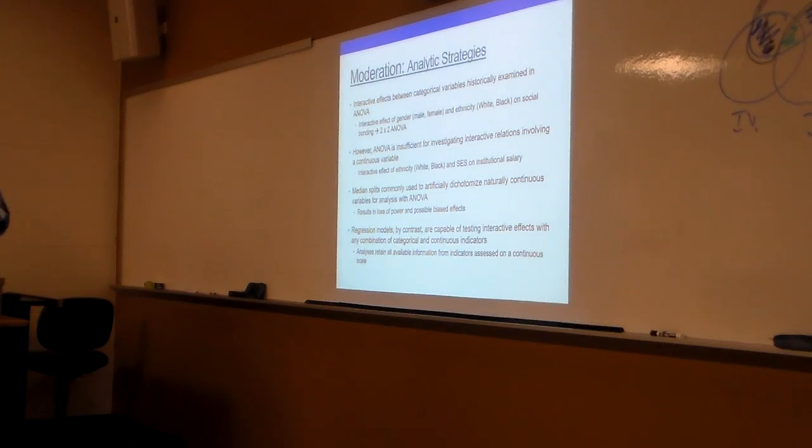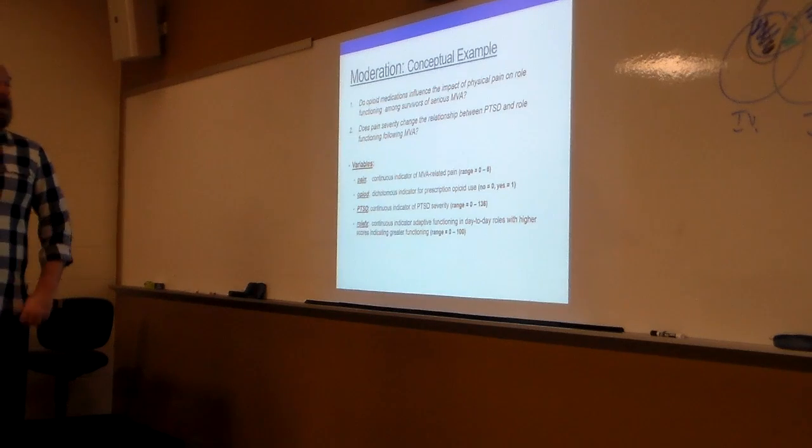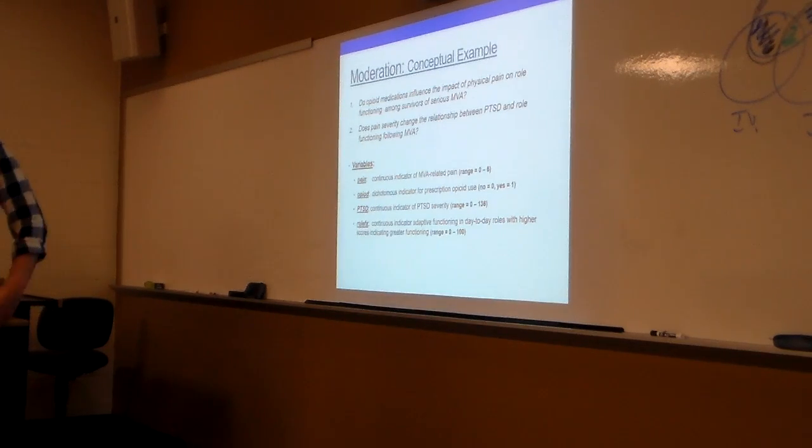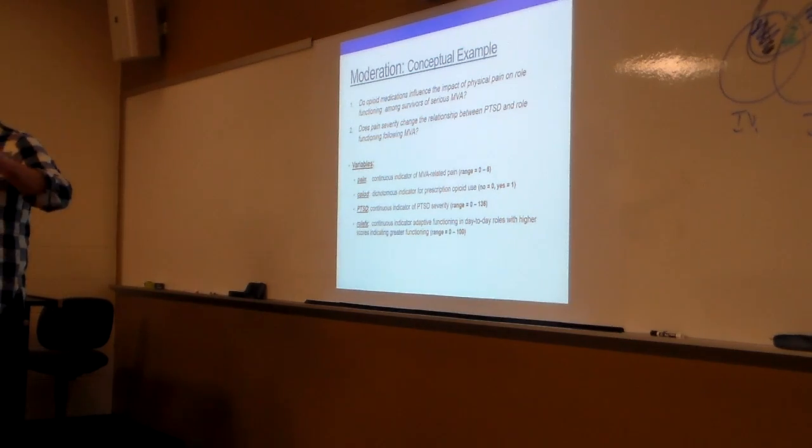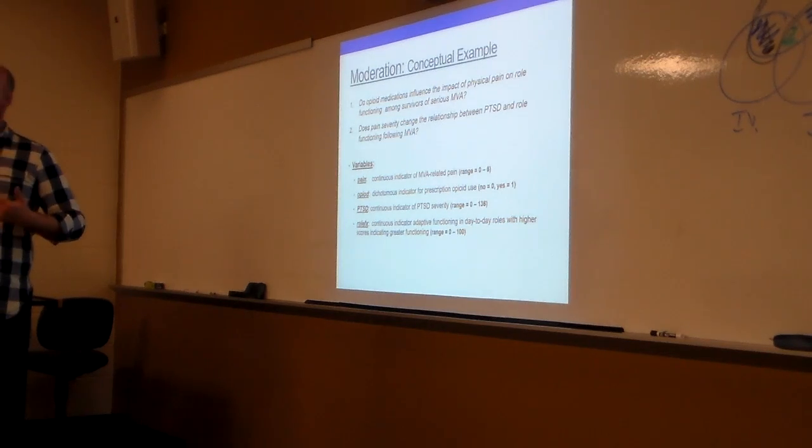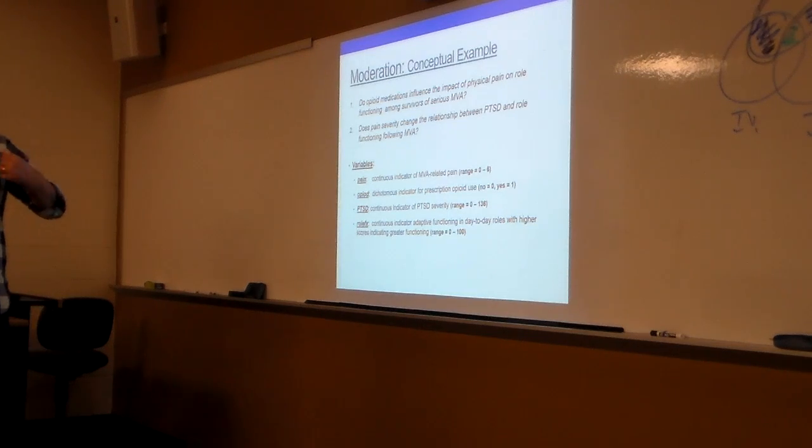But now it's pretty slick and easy to run these models within the context of a regression. Because remember, ANOVA is just a special case of regression. There's nothing we can do in an ANOVA model that we can't do within a regression analysis, given proper coding of our variables, right?